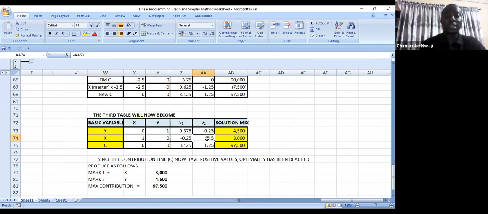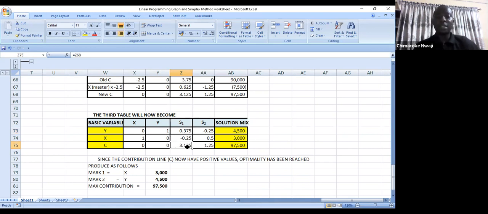This is slack. This 0.5 is the slack of unused S2, which we said was inexistent. While this is a slack of S1, 0.375. So if you look at it critically, when we were doing our shadow prices, these were some of the figures we were getting.